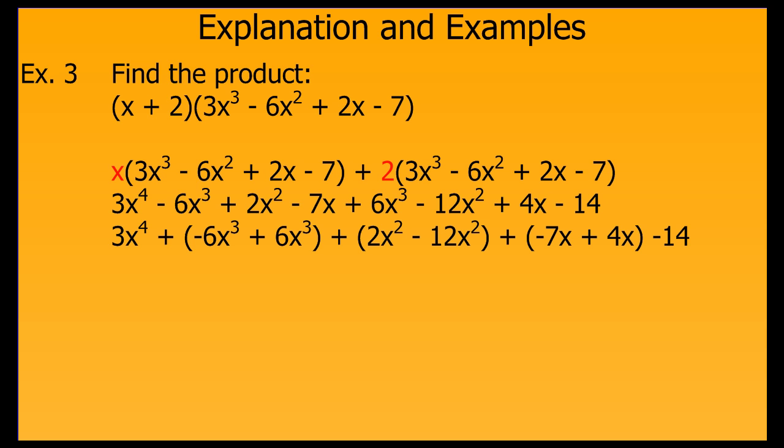We have like terms of negative 6x cubed and positive 6x cubed, 2x squared and negative 12x squared, and negative 7x and 4x. When we combine those like terms, we get 3x to the fourth minus 10x squared minus 3x minus 14 for our answer.